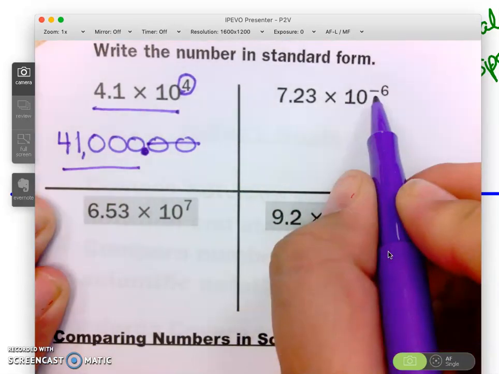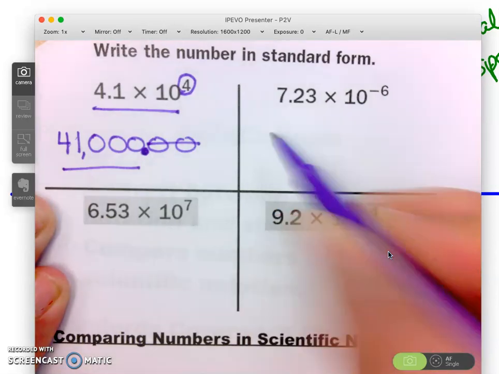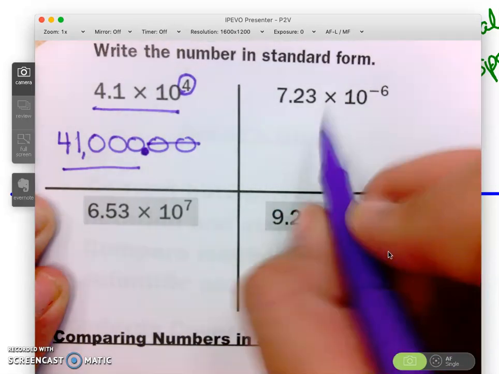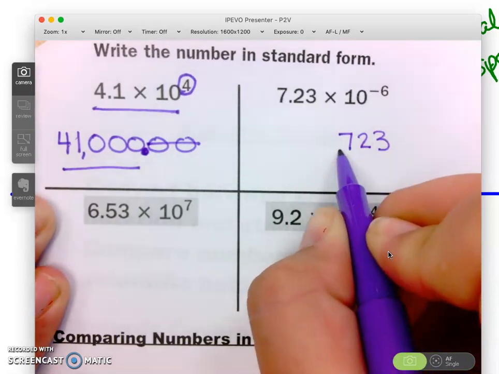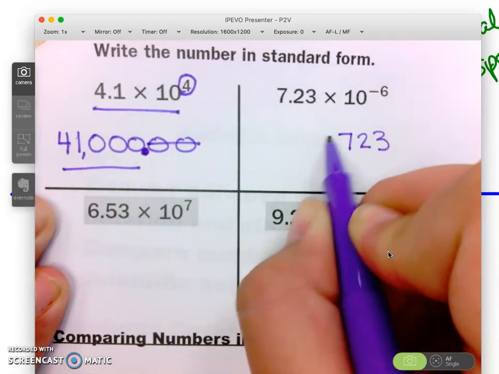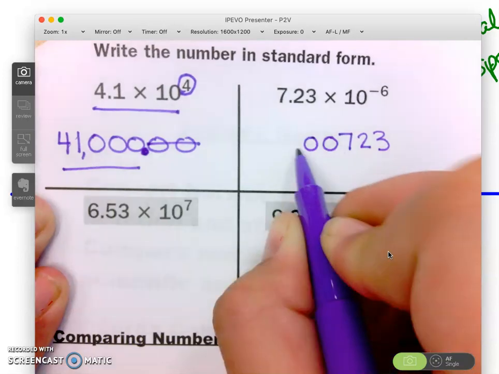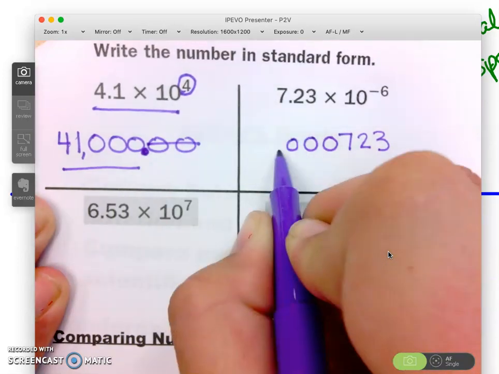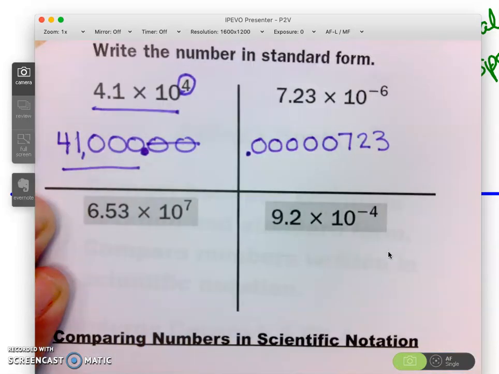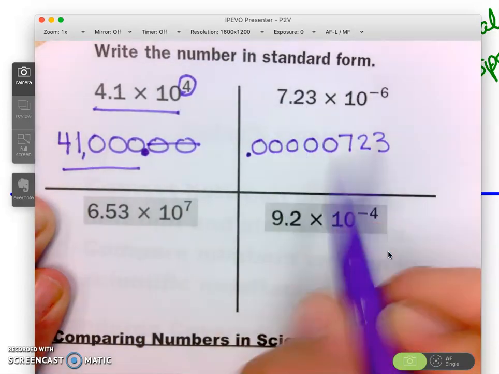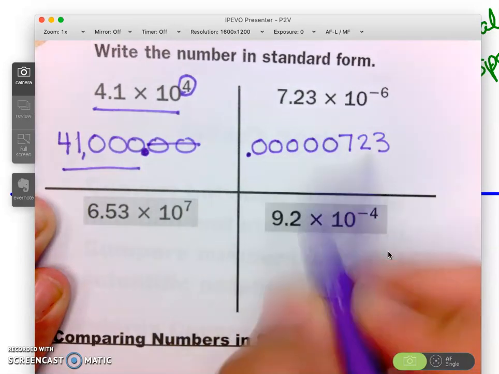Okay, here I have a negative, so I'm going to go to the left. I'm going to make my number smaller. So 7, 2, 3. So I need to go 1, 2, 3, 4, 5, 6. And I would check my answer here, because sometimes, like I said, I like to add a bunch of zeros and then do it.